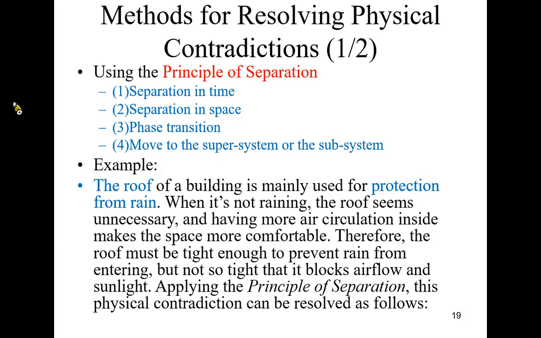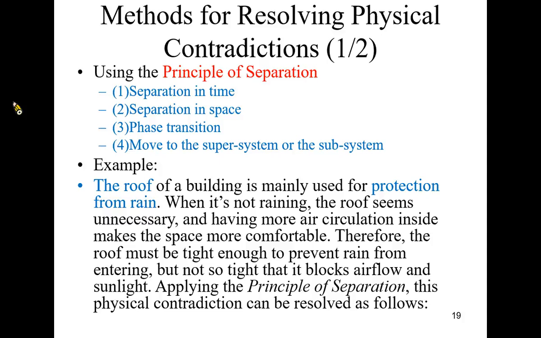The roof of a building is mainly used for protecting from rain, especially typhoons in Thailand, where the roofs of lots of houses disappear. When it's not raining, the full roof seems unnecessary, but having it avoids fresh air and sunlight coming in.